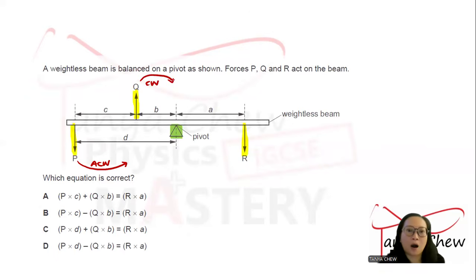What about R? R is moving downwards. While moving downwards, the pivot is on its left, so it will turn to the left. This is also called clockwise moment. And after that, what are you supposed to do?